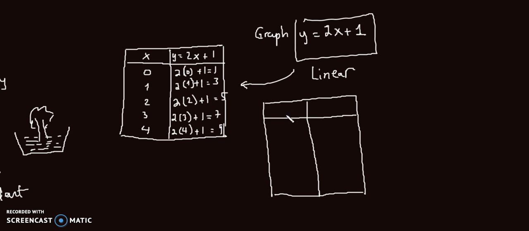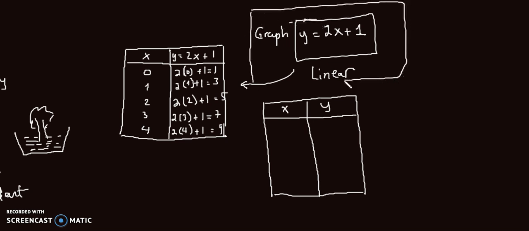So let's say I have x and y here, a table, and imagine that you're not given the equation. So let's just say I have 0, 1, 2, 3, 4 and 1, 3, 5, 7, and 9, and they ask what kind of relationship is that?